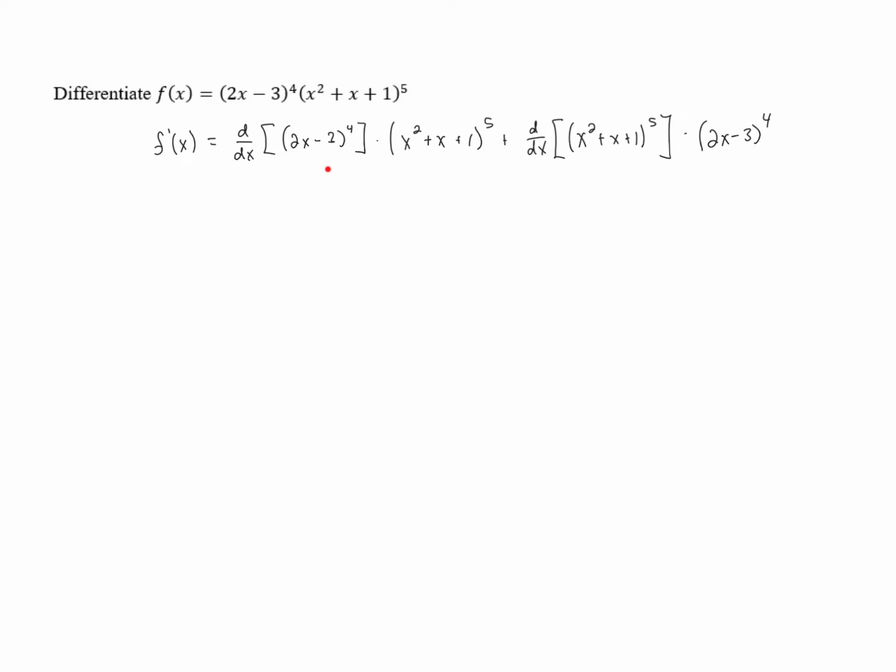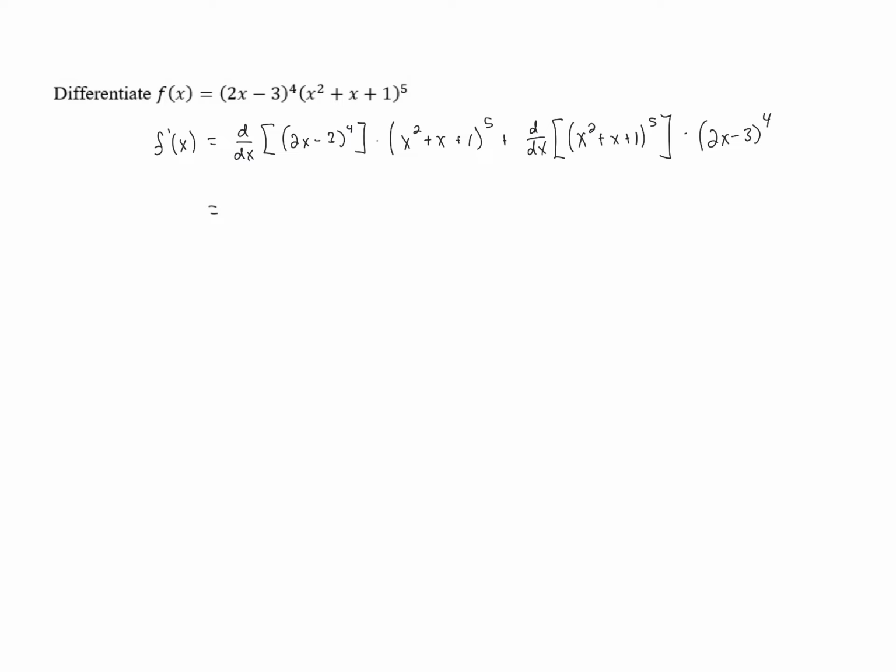And then with the two derivatives that we have now, each of those is going to require using the chain rule because each one of those is a composition. So let's look at those one at a time. For this first one, we're differentiating (2x minus 3) to the fourth power. That's basically u to the fourth.